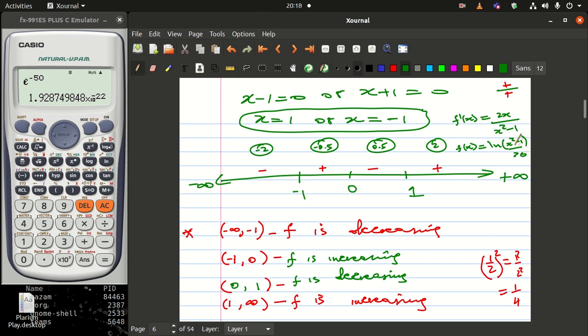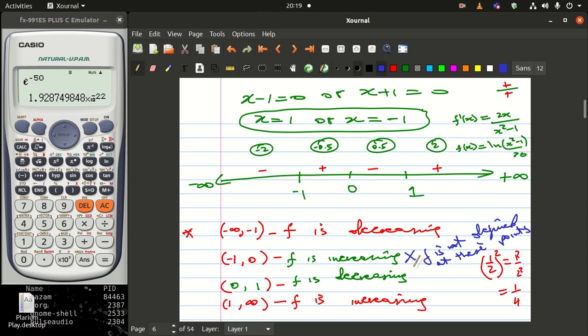So if, let's say, we look into this function, this is an increasing function. If I plug in 0.5 here, 0.5 squared is going to be 0.25, minus 1, we'll get a negative number. You cannot plug in a negative number inside of a ln function. That is why this one here is not correct, because we know that f is not defined at these points.